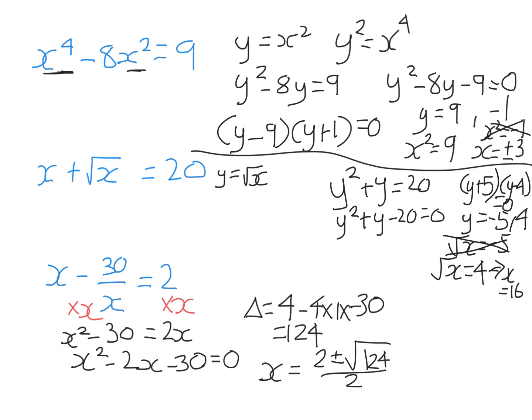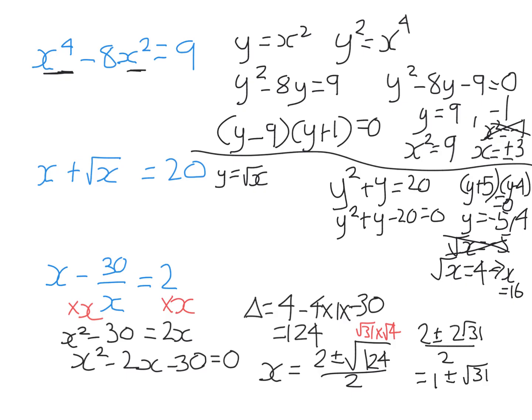So we can simplify root 124. It's just root 31 times root 4, or 2 root 31. So this is 2 plus or minus 2 root 31 on 2. So I can just divide everything by 2. It'll be 1 plus or minus the square root of 31, and we are done.